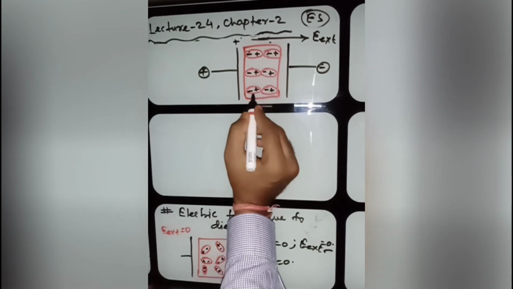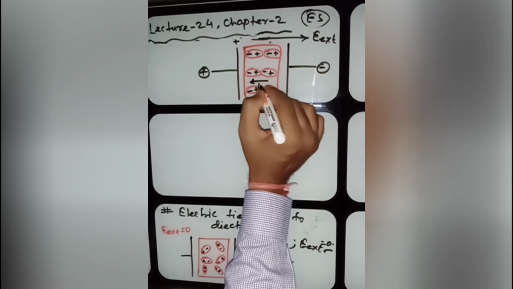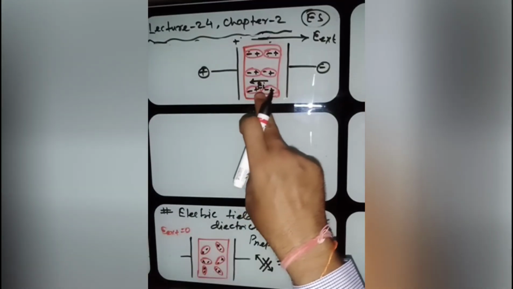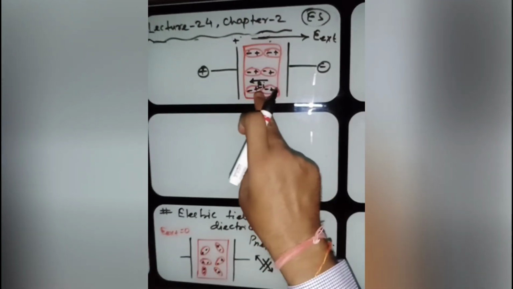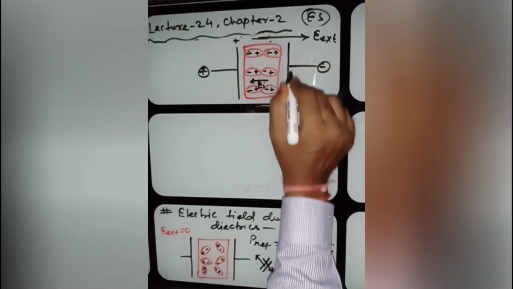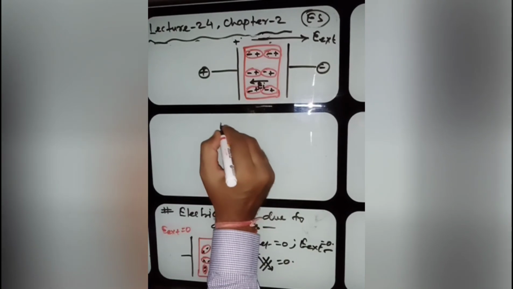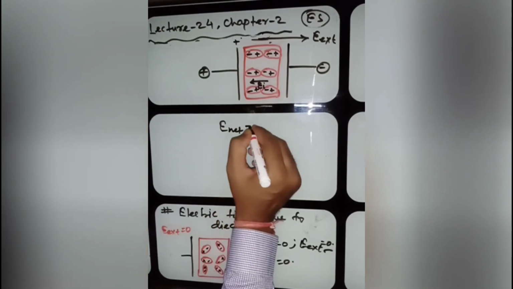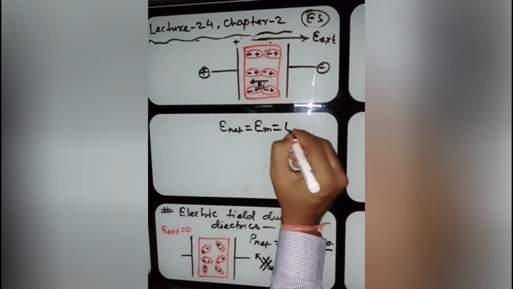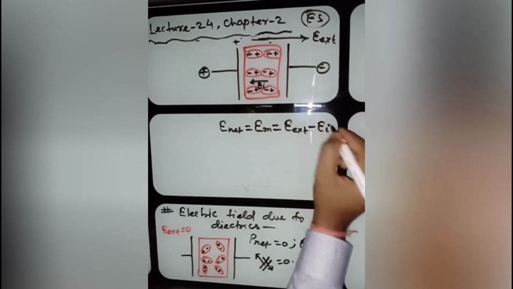Due to this plus and minus, you can see there will be an electric field, E induced, inside the dielectric material. The net electric field due to insertion of this dielectric will be E net, due to the medium, equal to E external minus E induced.